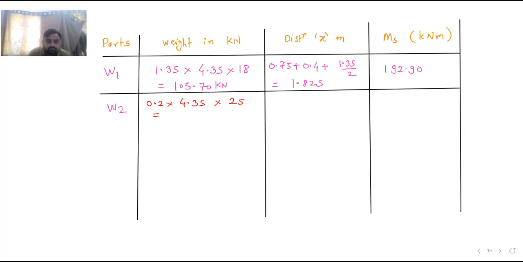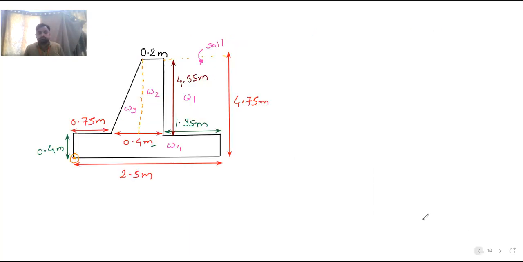Okay, 21.75. Now calculate its moment from this point.